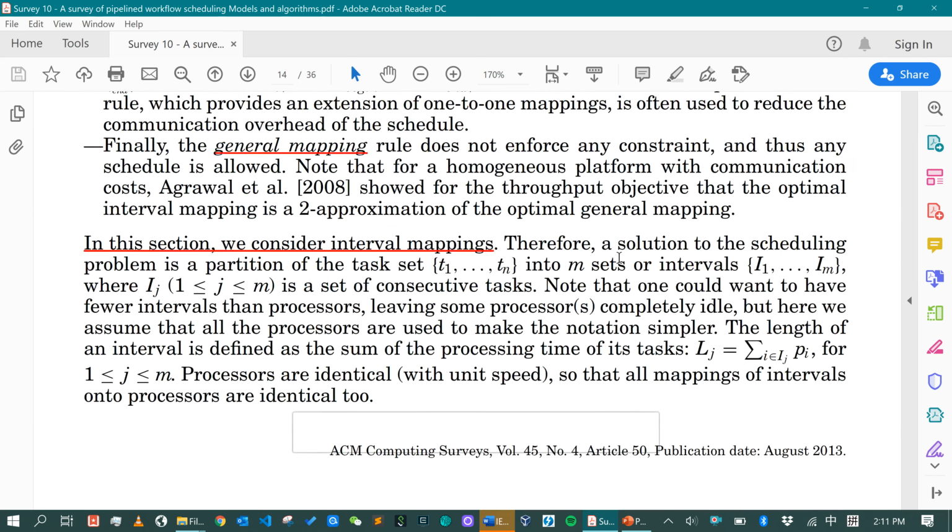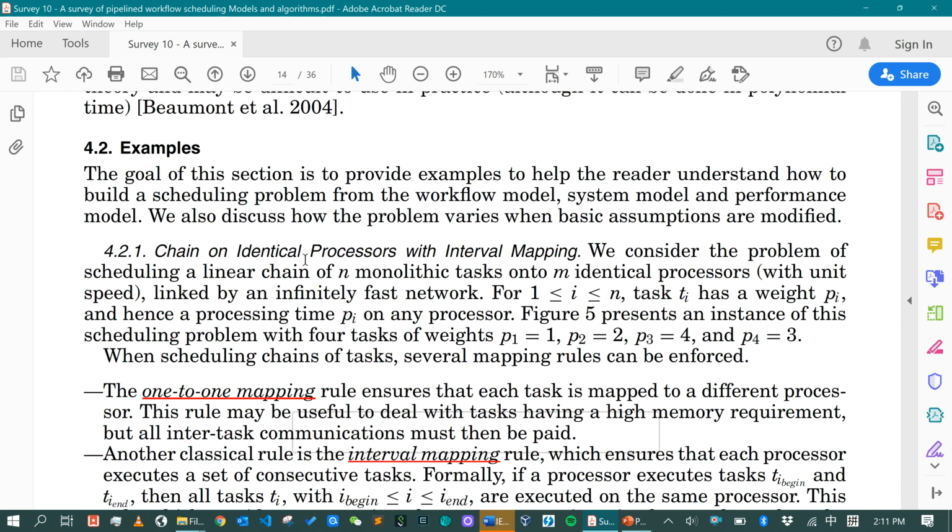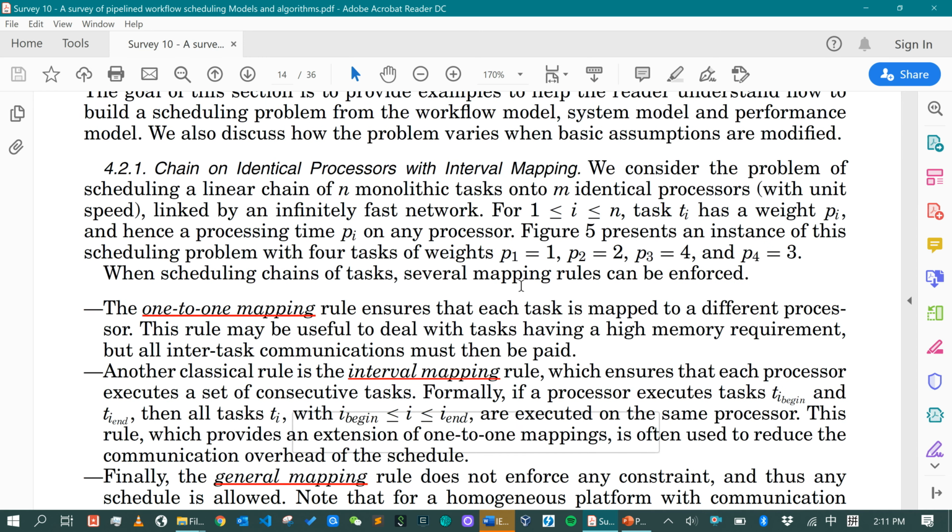about different categories of the scheduling problem, like the identical processor with interval mapping. The interval mapping means that the first task and the last task of the workflow can be executed on the same processor or machine.